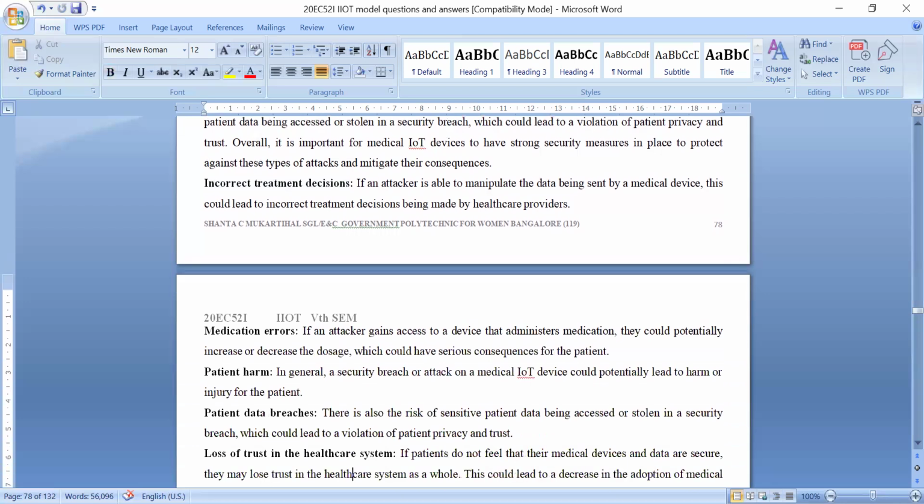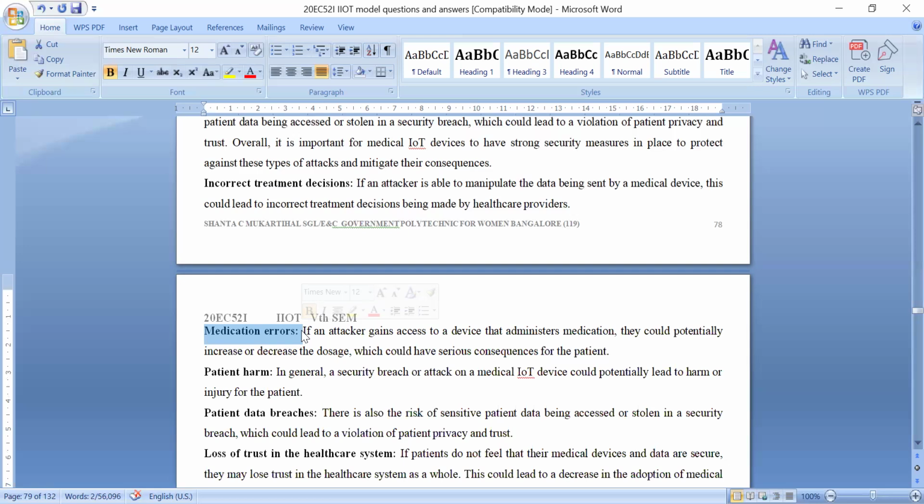Next one is medical errors. Consider where the attacker targets a device that controls the medication dosage. Assume the attacker has got control over that medication dosage device, for example, an infusion pump.